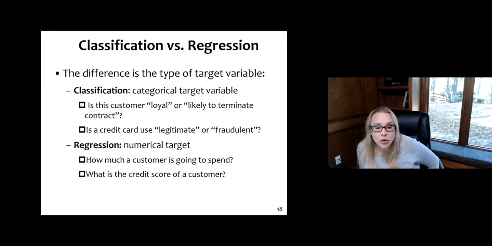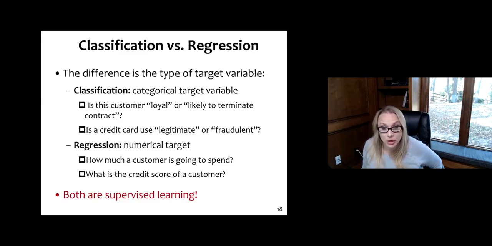With regression or predictive situations, you are looking at a numerical target variable. How much customers are going to spend and what the credit score of a customer is are examples of this. When I talk about regression, it could apply to other extensions of that as well. There are many different types of models that can be used to predict numerical targets.